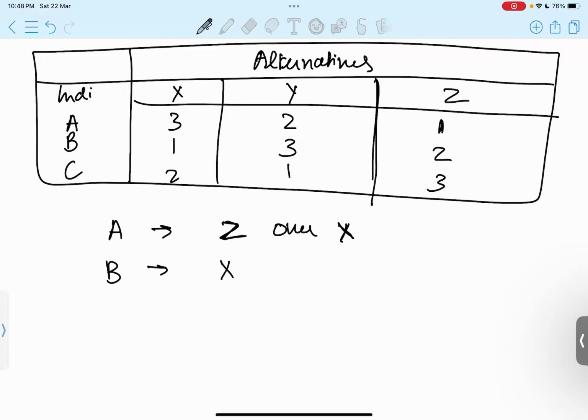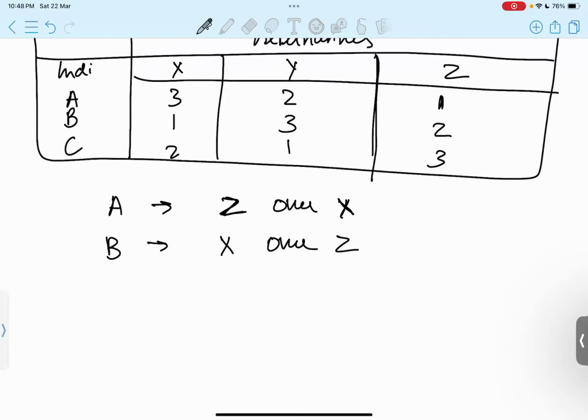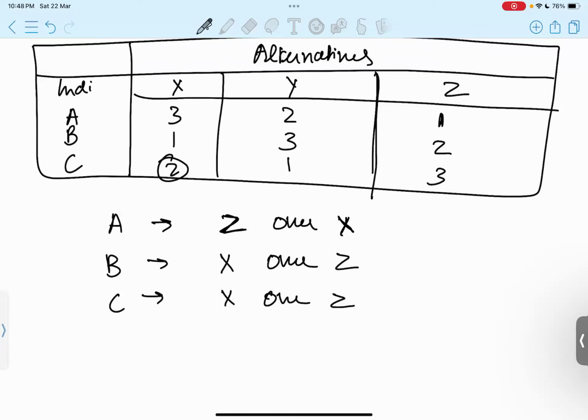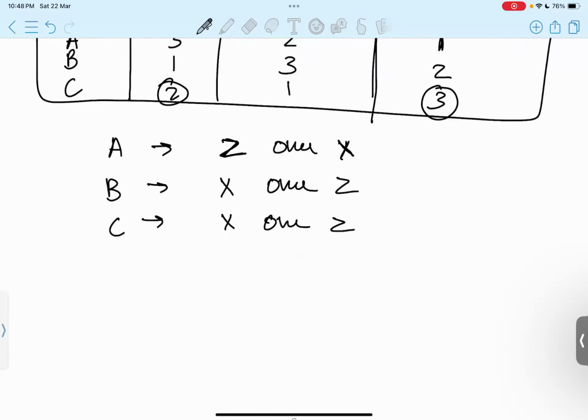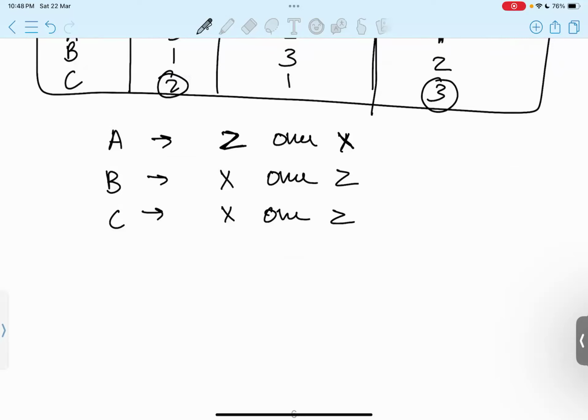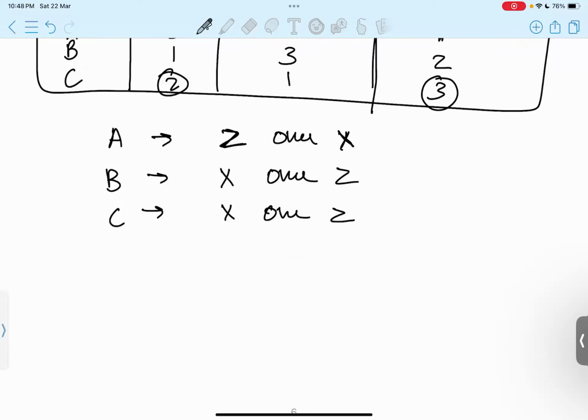So X over Z is the reverse of what A is preferring. C is also preferring X over Z, because X is having second rank and Z is having the last rank. So that is why he will prefer X over Z. So this is a violation and contradiction of the majority rule, because it has to be the same outcome, but that is not the case. So it is violating one of the conditions.